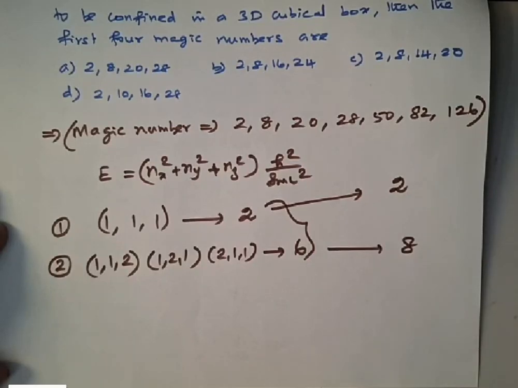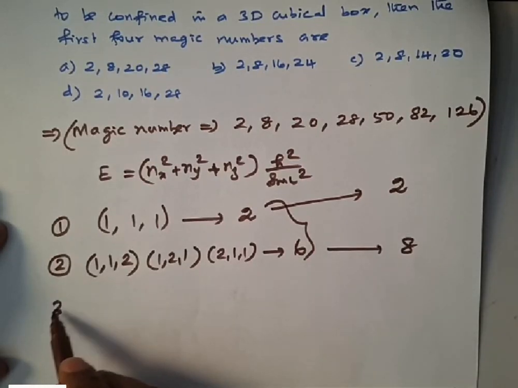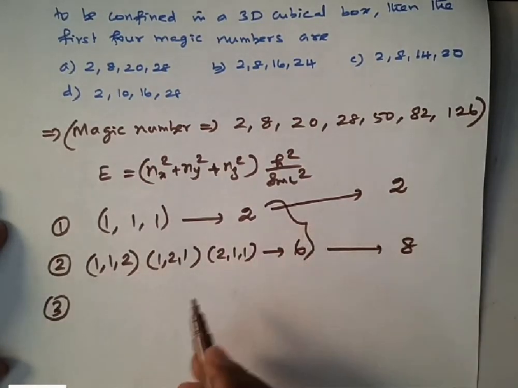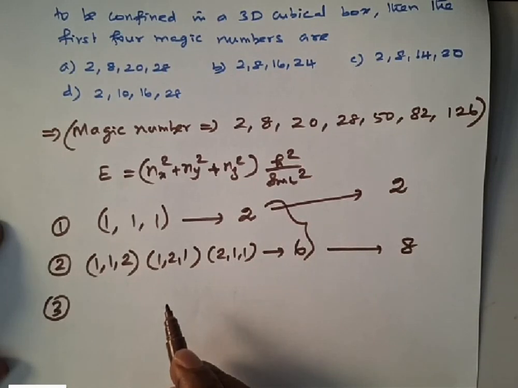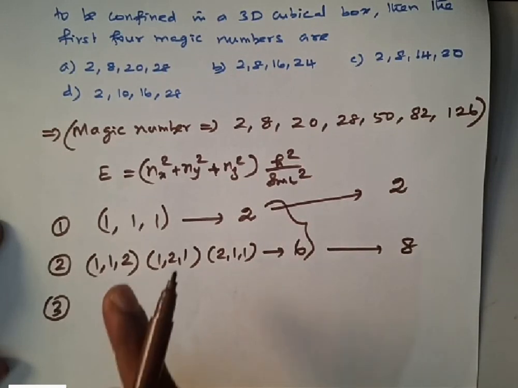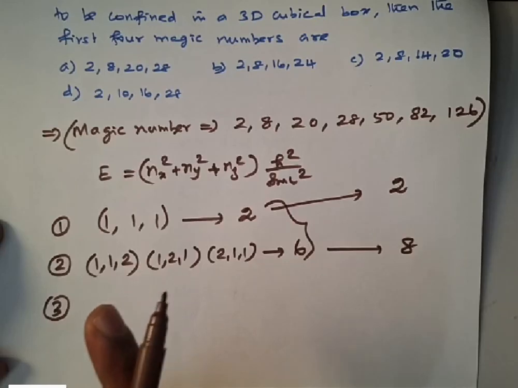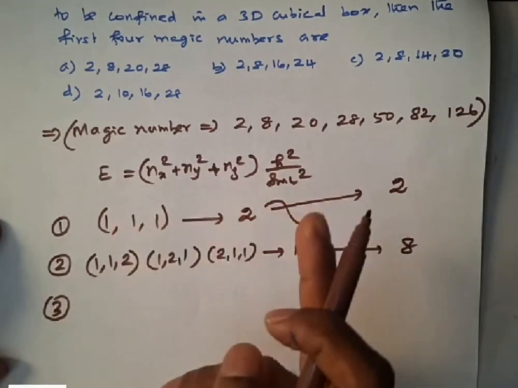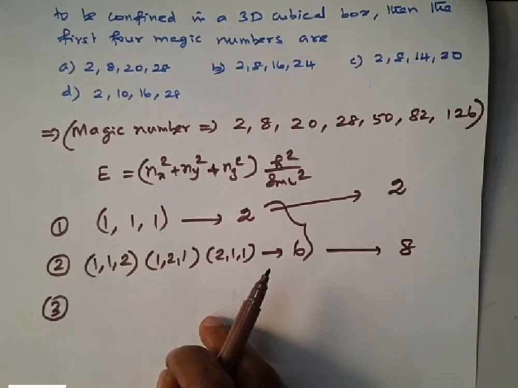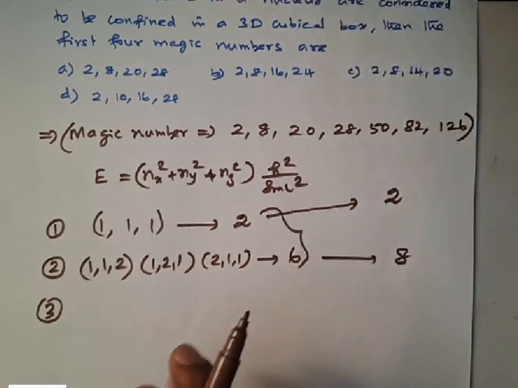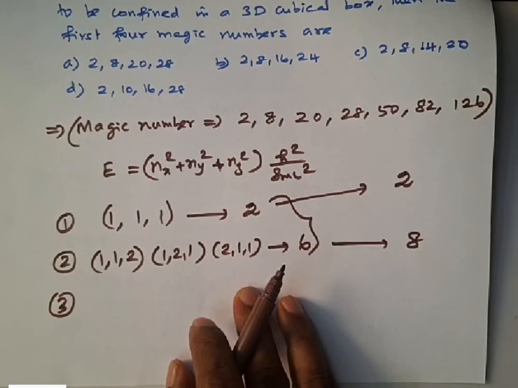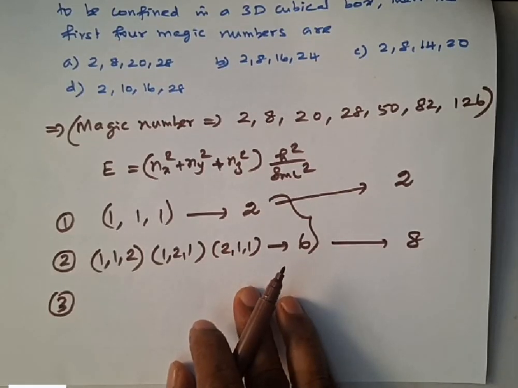The next number is 8. What's the next level? Tell me, 1, 2, 3, or 1, 2, 2, or 3, 1, 1. Which has the next higher energy? 1, 2, 2. 1, 2, 2 means 2 square plus 2 square plus 1 square. How much will we get? 9, correct?